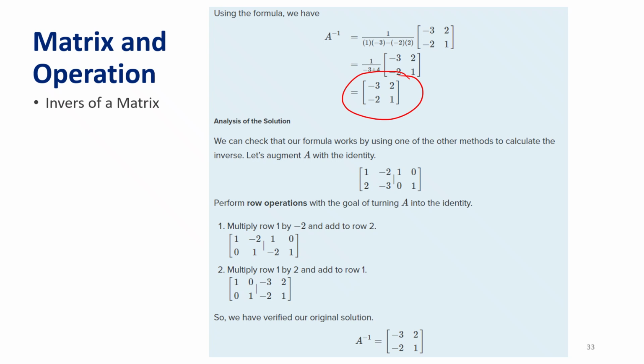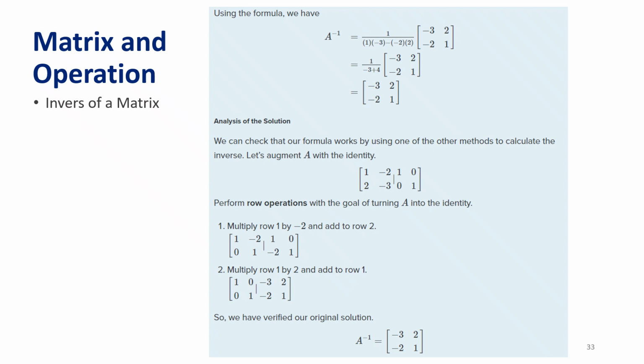So this is the original matrix, and this is the identity matrix, right? The identity matrix for a 2 by 2 matrix is [1 0; 0 1]. When you turn this into the identity matrix, this one will become the inverse. So let's try to do that.